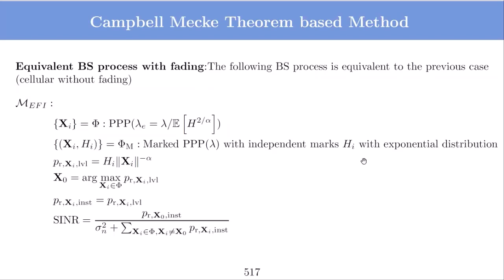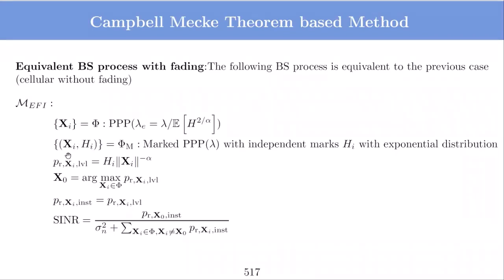Based on what we have learned in the past, you can convince yourself that the following network is equivalent to the cellular network without fading. This network has base stations as a PPP, and its density is given by lambda divided by e to the power s 2 by alpha. And h is nothing but an exponential random variable, which denotes the fading here.